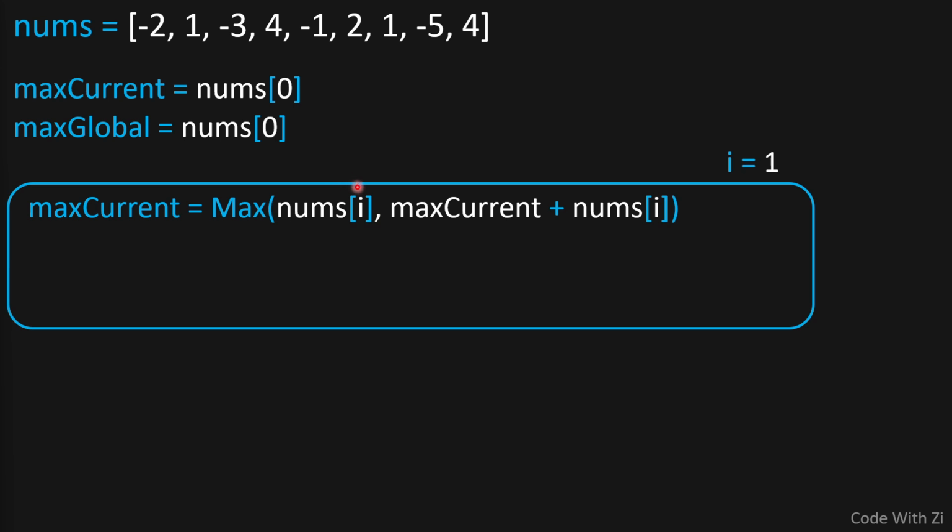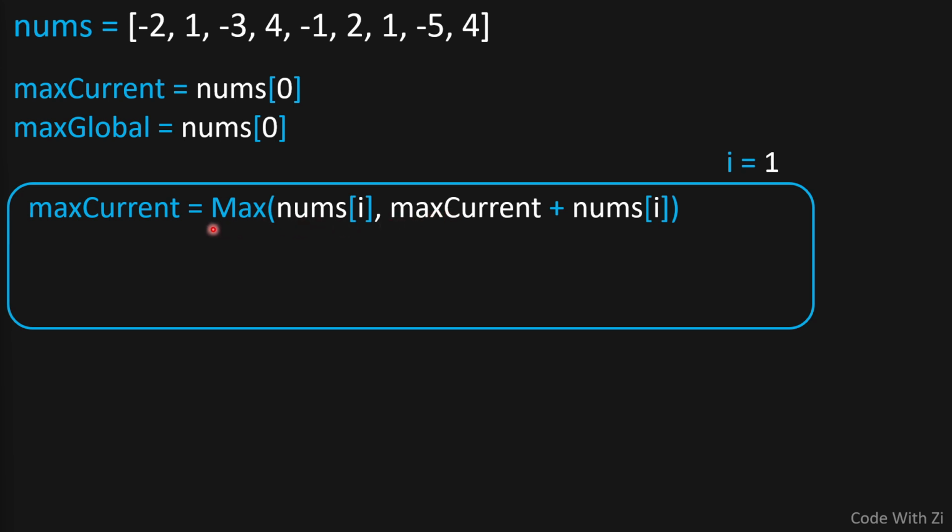If that's not the case, meaning max current plus nums of i is greater than nums of i, we think we are on the right path for finding the maximum subarray, because max current plus nums of i is greater than the number we have in this round. You're going to see how this works in the visualization, but all you need to know is that this is going to help us find the maximum subarray.